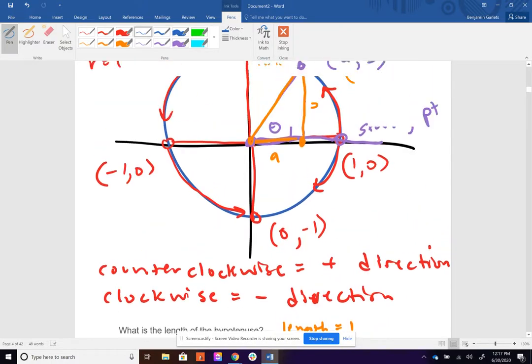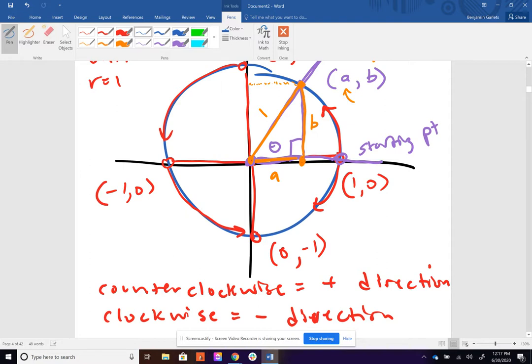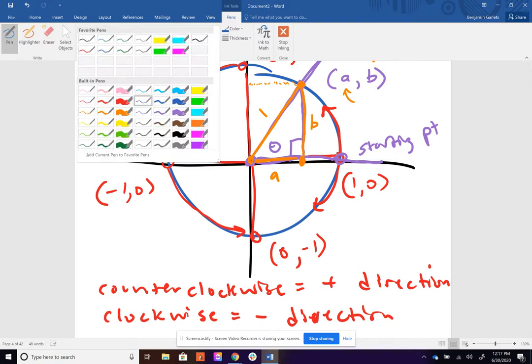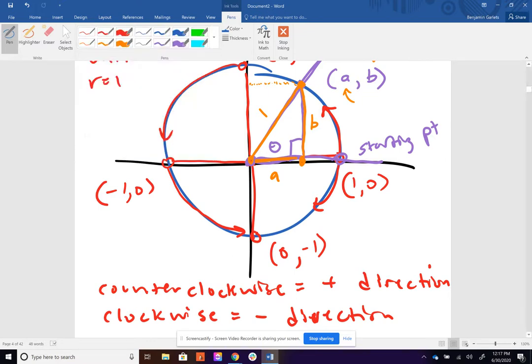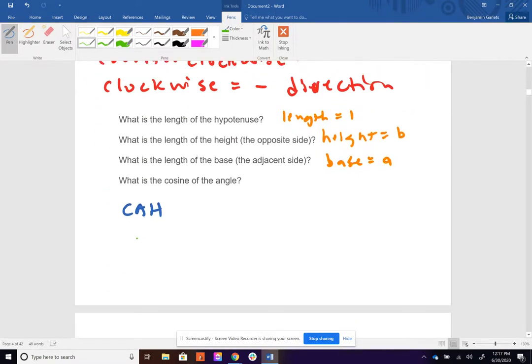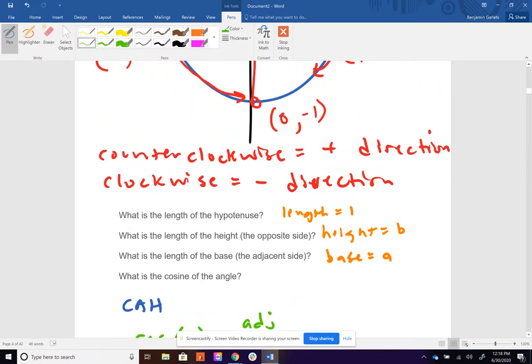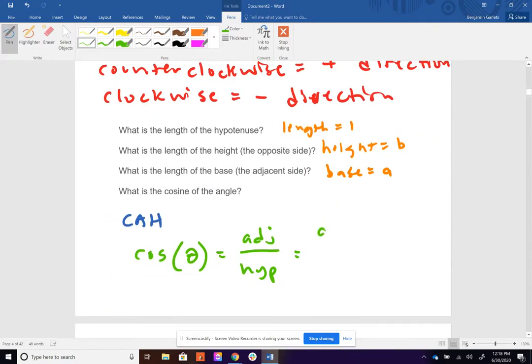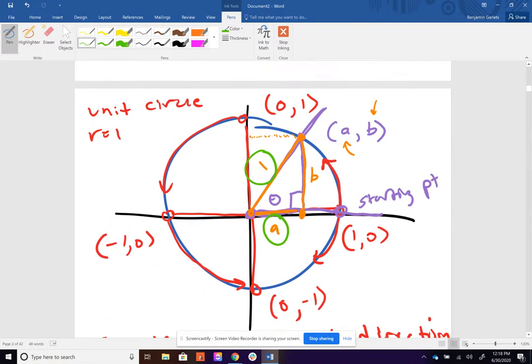So if I want to know the cosine of theta, I want to create a ratio, adjacent over hypotenuse, where our adjacent is a and our hypotenuse is 1. Anything divided by 1 is just itself. So I see that the cosine of theta is equal to our a value, our x value.